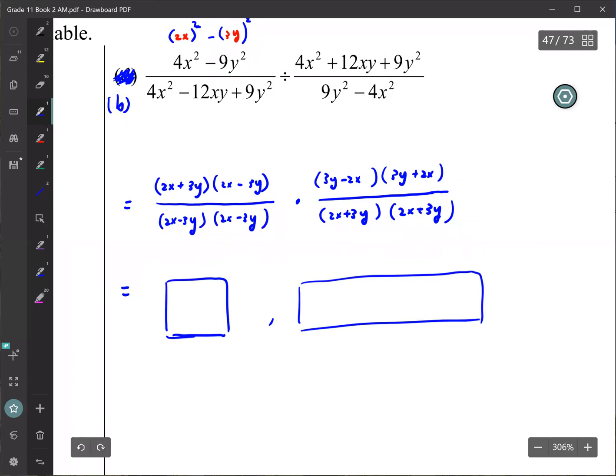And restrictions, you just need the restriction for the x, okay? Please raise your hand if you have the final answer.